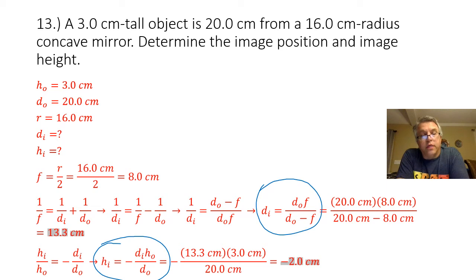I plug those values into the equation, and that will give me an image height of negative 2.0 centimeters. And once again, I have a negative value for the image height, so I know that it is inverted and it is smaller than the object height, so I know that it is reduced.